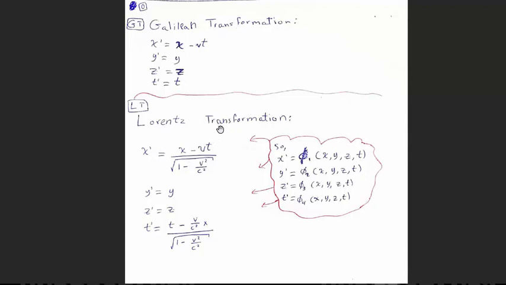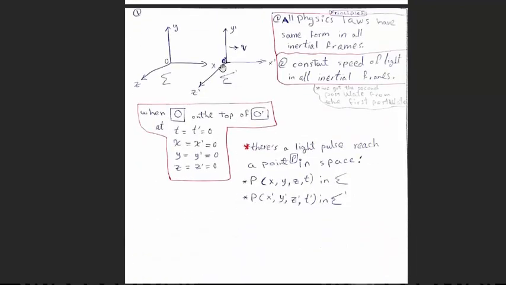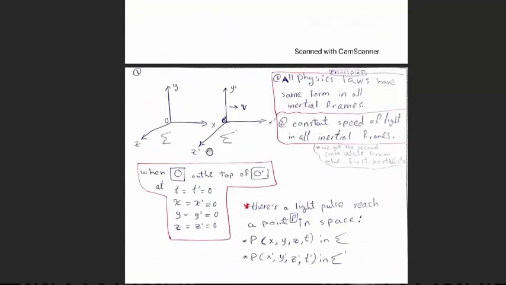So let's move on. Here we have x dash, y dash, z dash, t dash. Let's begin with this first. We have two frames here, sigma dash and sigma, and sigma dash is moving to the right relative to the sigma frame.